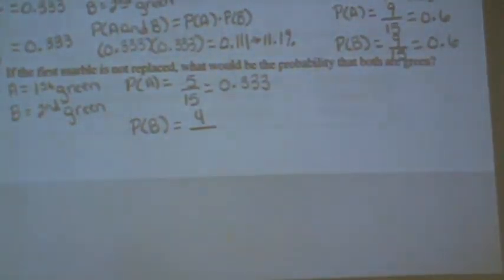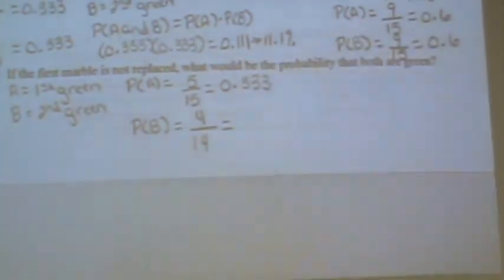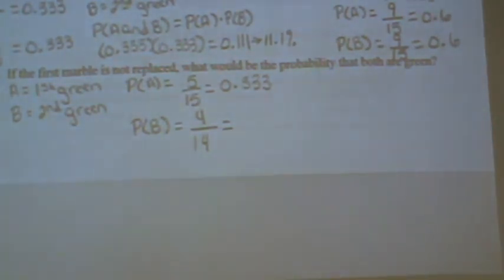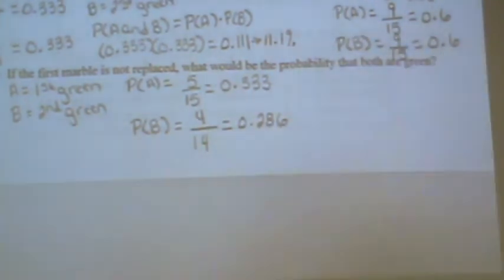And then how big is our set now? It's 14. So now we only have a 4 out of 14 chance of picking another green marble because we didn't put the first one back. So when you get a decimal for this, you should get 0.286.